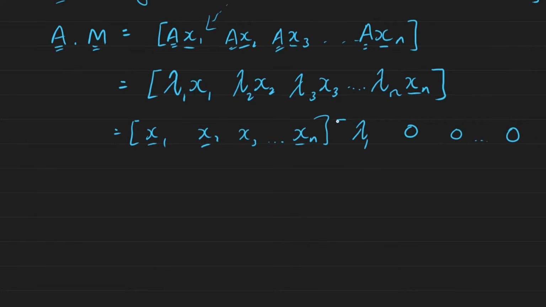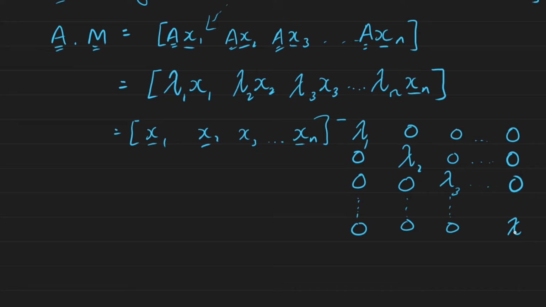The eigenvalues essentially form the diagonal of this matrix. So the second row, second column will have lambda 2, and the rest of the row would have zeros. It carries on like that, with the third row and third column being the third eigenvalue, and in the last row and last column, we would have lambda n.